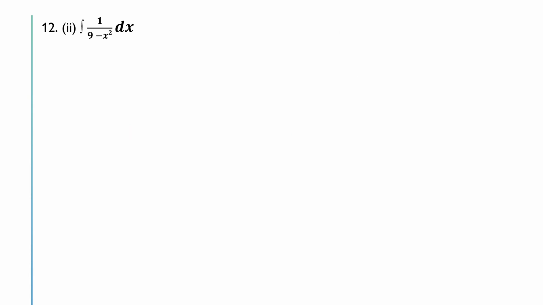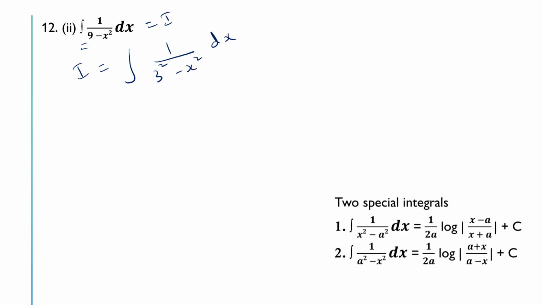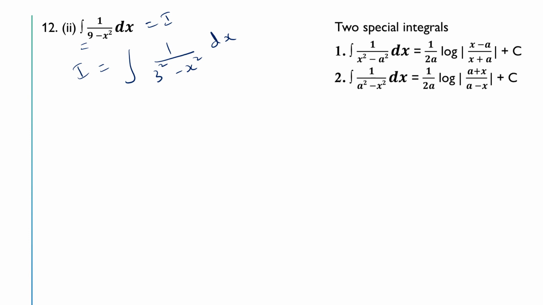The next question, integral 1 by 9 minus x square dx. So let us take this as equal to I. So the given integral we can write as 1 by 9, it is 3 square minus x square dx. So among these two integrals we have to use the second one. This is of the form integral 1 by a square minus x square into dx.